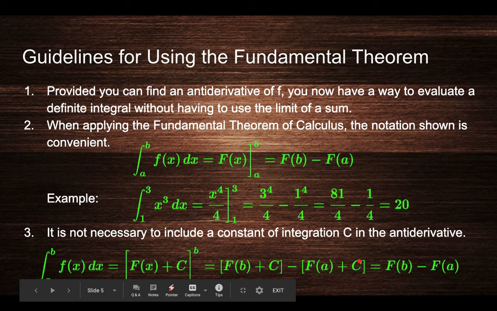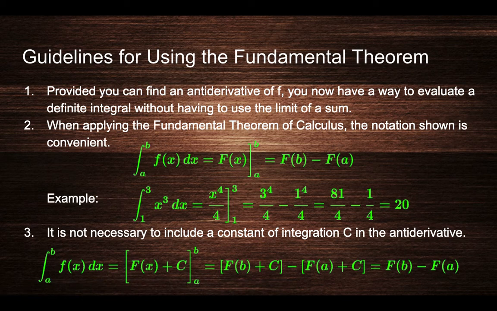We ended up with C minus C. They cancel out. It doesn't matter what the constant is, since it's involved in both evaluating at A and evaluating at B. That constant always drops out, so we don't need to worry about the constant of integration when we're doing definite integrals. But when we do the indefinite, don't forget them.